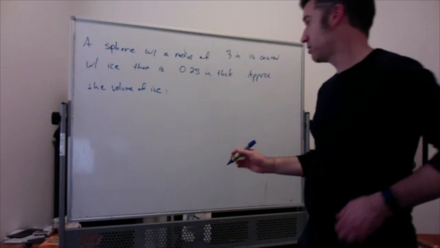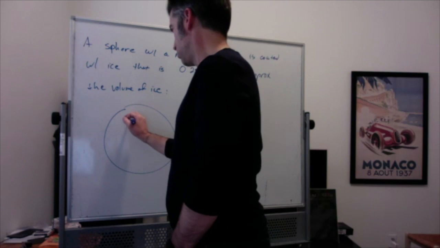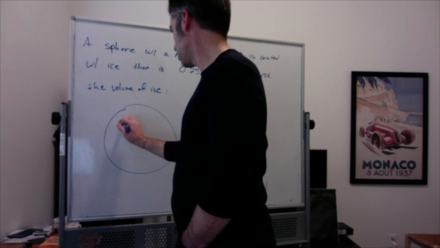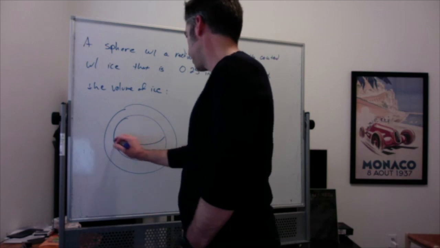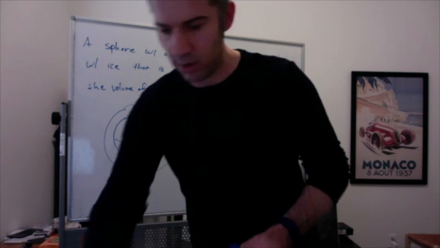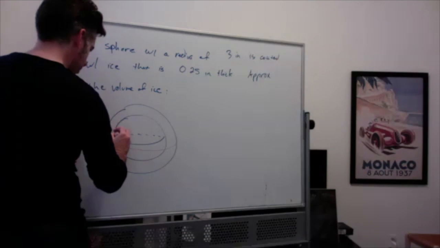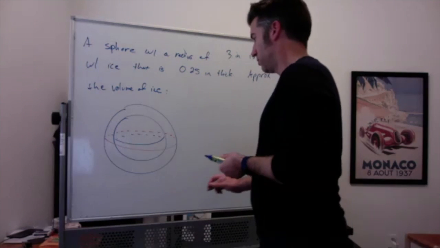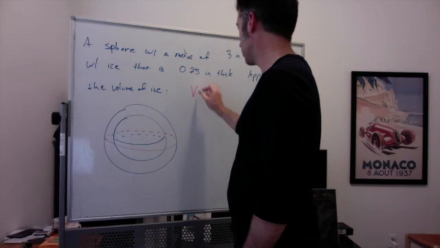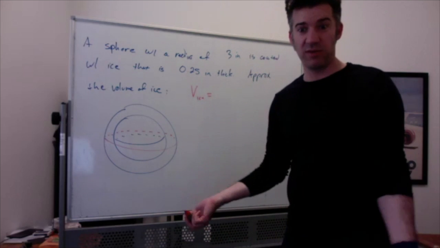So we could find the actual volume, right? We could draw a picture here. Sure. So we've got our sphere, and then it's coated with ice. And so the volume of ice would just be the volume of the large sphere minus the volume of the small sphere.